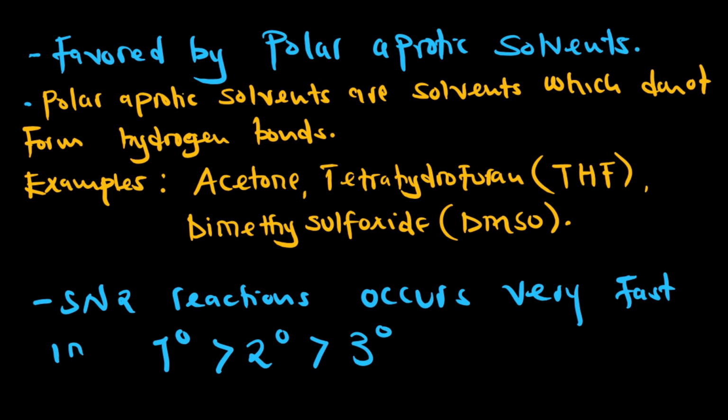All right, so now let's look at examples of how the mechanism of these SN2 reactions occurs. Okay, examples. So what product would form from an SN2 reaction of the following?